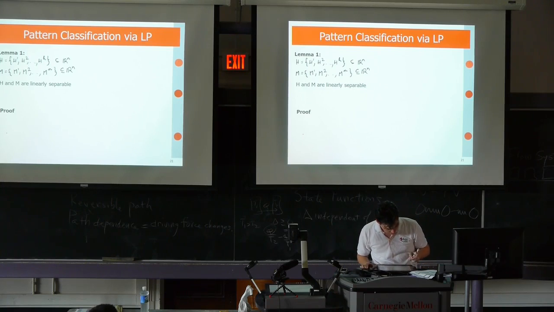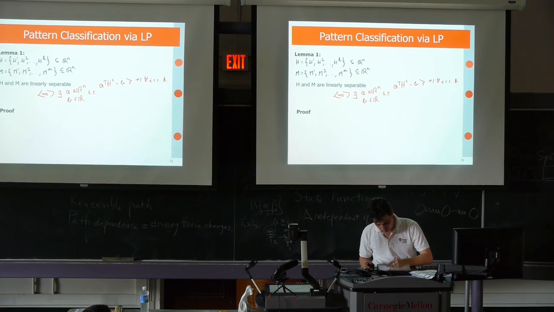They are linearly separable if and only if there exists A in the n-dimensional Euclidean space and a real number B such that, and now comes the tricky part, A transpose h_i minus B is bigger than +1 for all points in this set, and for the other set, using the M points, A transpose m_j minus B is less than -1 for all j.